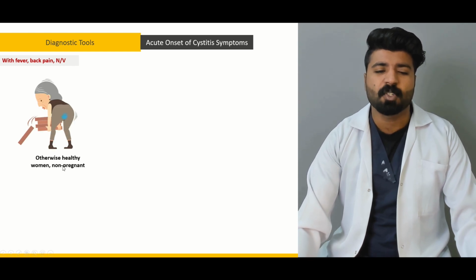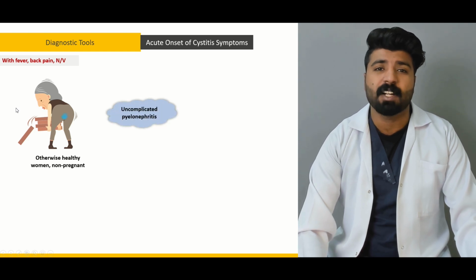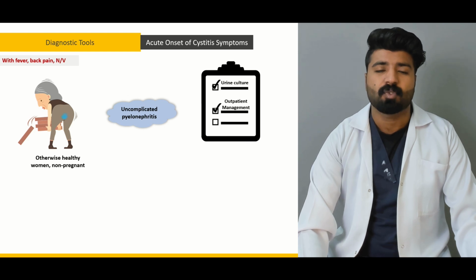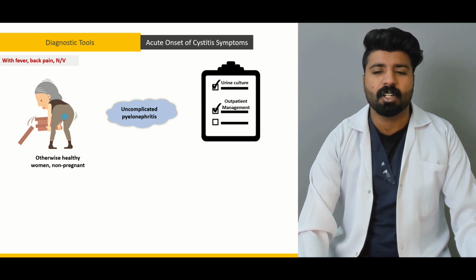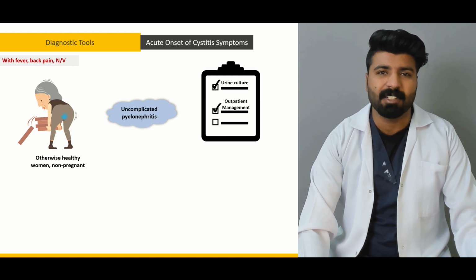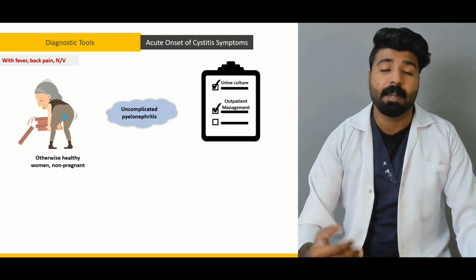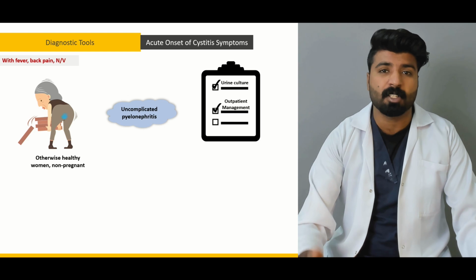Otherwise, the patient is going to be a healthy woman and non-pregnant. That's why it's called uncomplicated pyelonephritis. So you'll go for what? Urine culture, and you'll go for outpatient management. You don't have to admit the patient because it's uncomplicated pyelonephritis, and it depends upon the pathology and the symptoms.